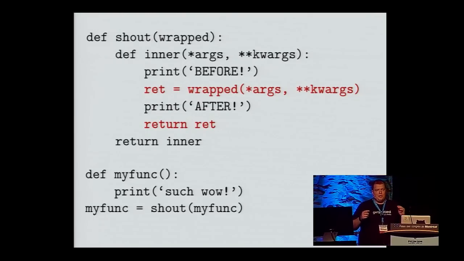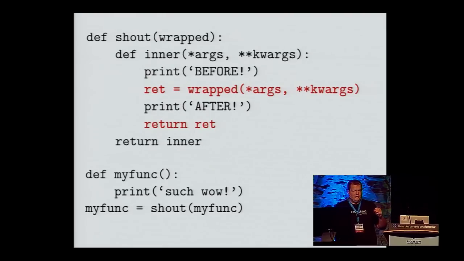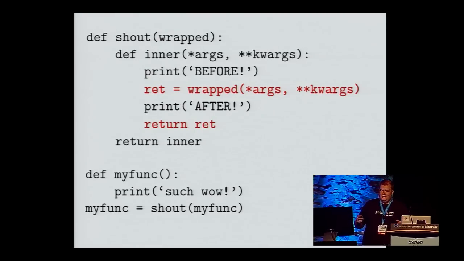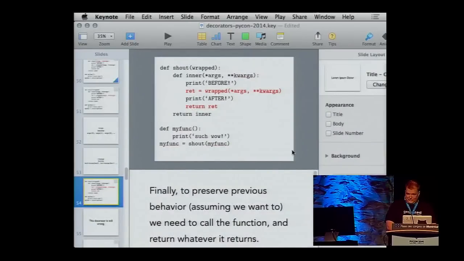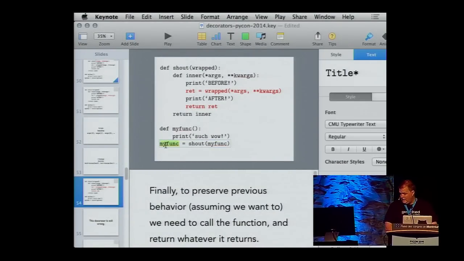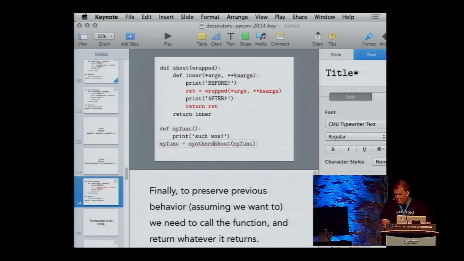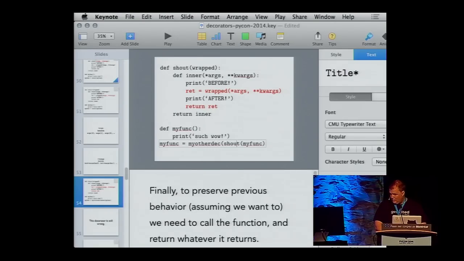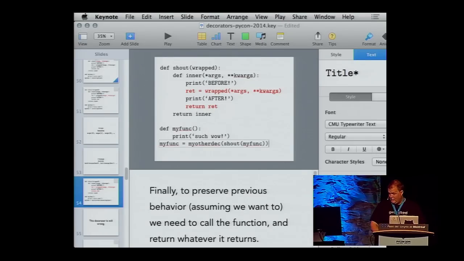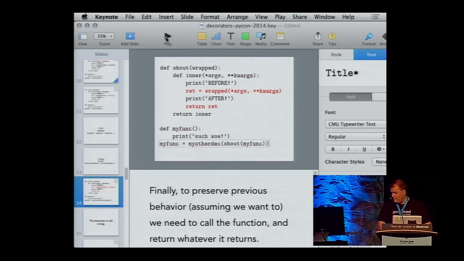So if you were to apply a decorator to that decorated function, all we do is surround it. If we had 2 decorators that we were applying, let's say my_other_decorator, we take the decorated function and pass it right in there.